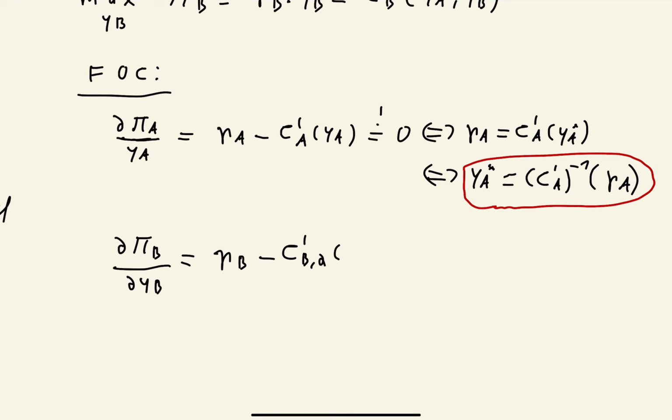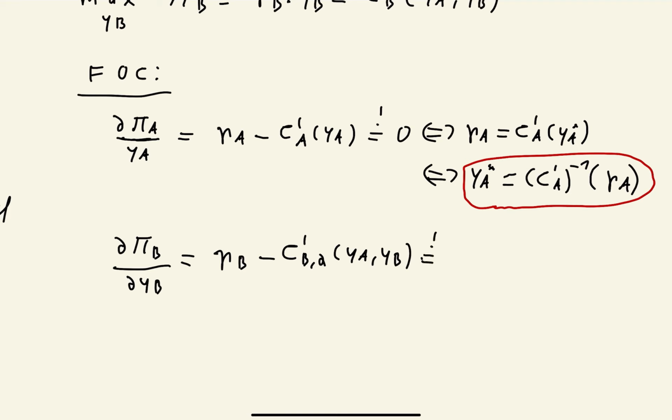So C B prime 2 YA YB, and the 2 here denotes the derivative of the cost function with respect to the second argument, because we're not taking the derivative of the cost function with respect to YA, but to YB here. This is why I write a 2 next to the B there. Okay, so just for you to know that this is just notation.